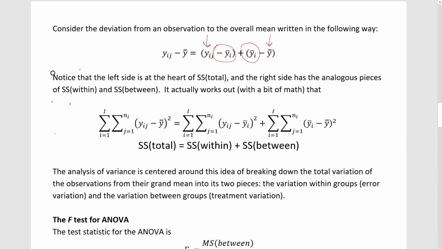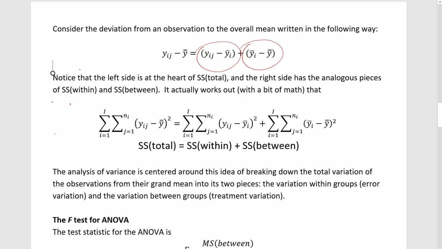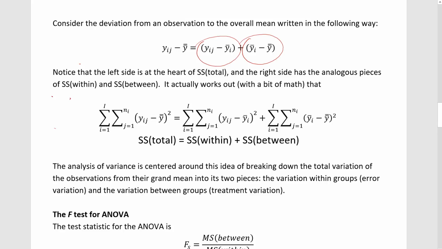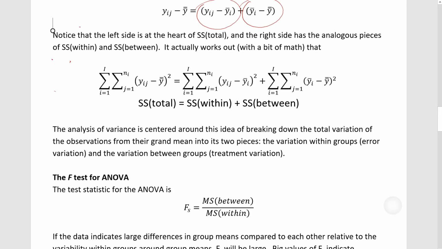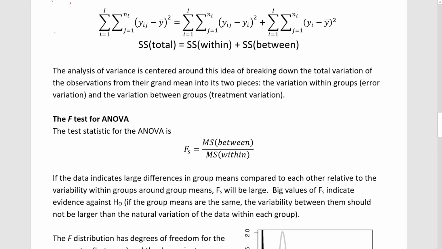So notice that we have the Yij to the Y bar i and the Y bar i to the Y bar bar, which is our sum squared within and sum squared between. So it actually works out the same way it did with regression, that when you square them and sum them up individually to get the sum squared total, sum squared within, and sum squared between, that addition property still holds.